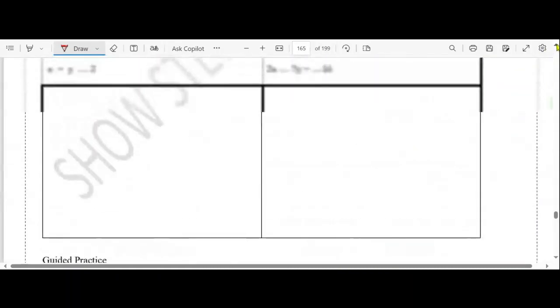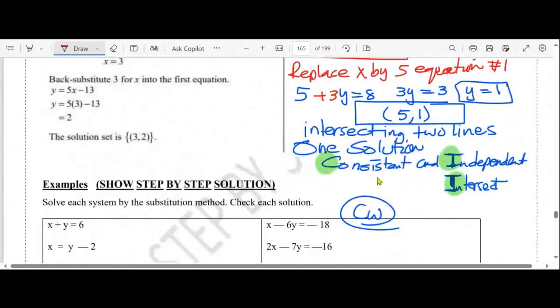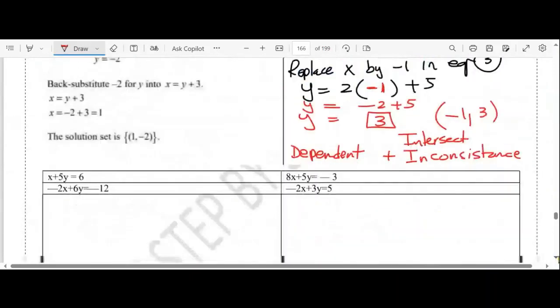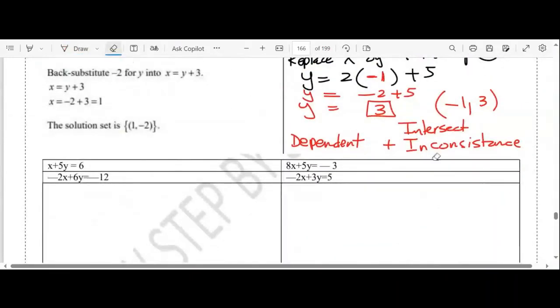Intersecting lines are independent, I'm sorry, independent and consistent. Independent and consistent. Okay, so don't get confused like me. I get confused.